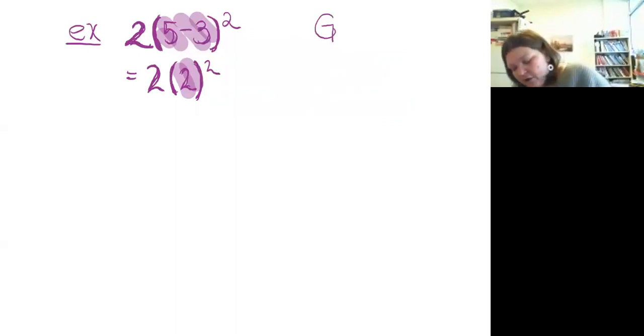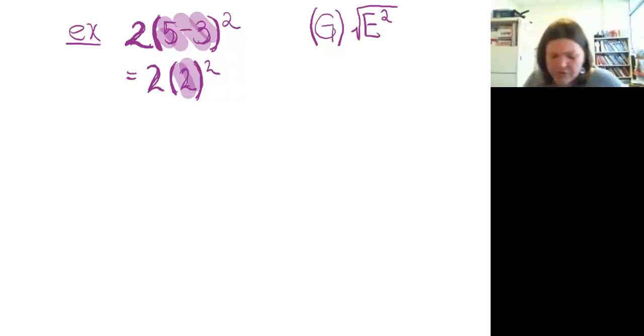Now according to my order of operations, after I finish any groupings, I'm going to do any exponents. And remember that exponents are both powers, little floating numbers, and their roots, those radical signs. So I can see here on this particular problem that I have an exponent. I have this 2 squared.